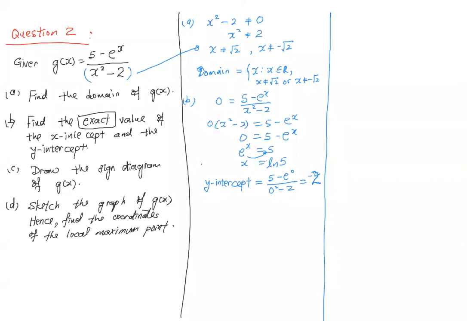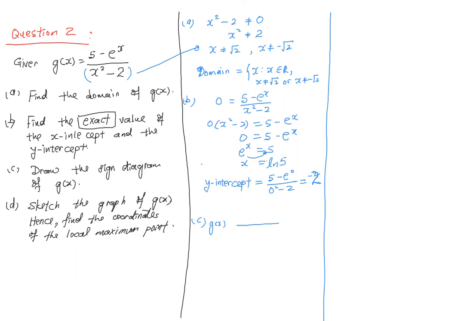Then part C, we want to draw the sign diagram. Shazana, can you tell me how to draw the sign diagram? Make the line first. Yes, I draw the line.